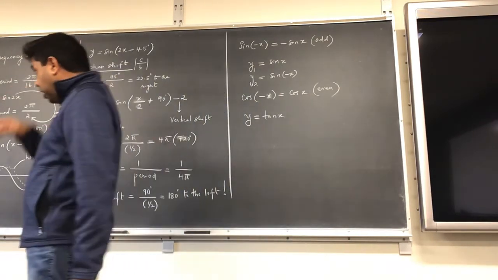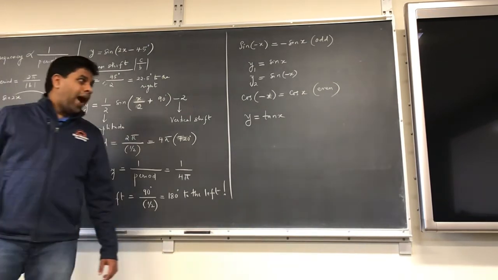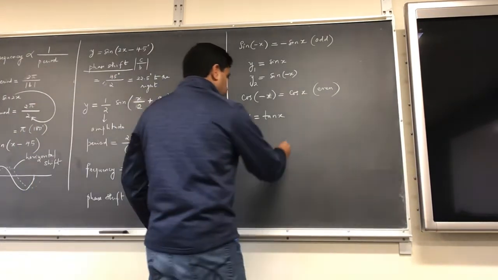So here's what I would like you guys to do. Go to window, make this negative 180 and positive 180, and plot y is equal to tan x.